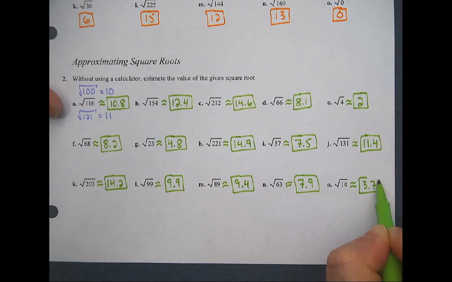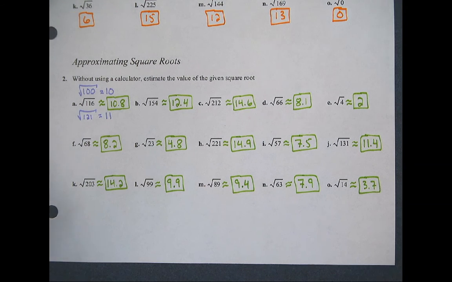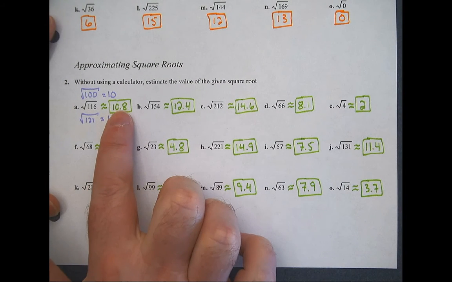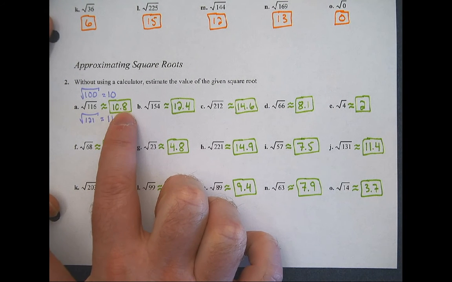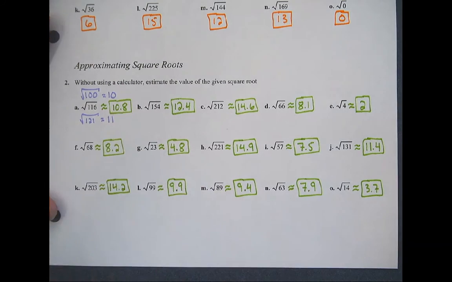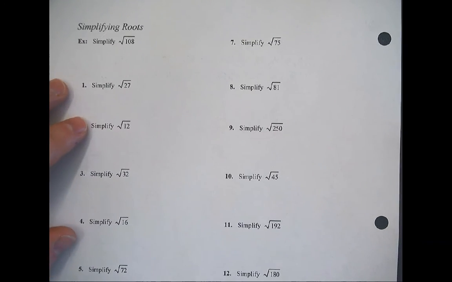So put a little check next to the ones that you got right on the money with 1 decimal point, and any that you missed, no biggie. Just as long as you're in the neighborhood. As long as you got basically the front number right, and I would say within a couple decimal points, I'd be content. All right, now the big part is to be able to simplify a root.